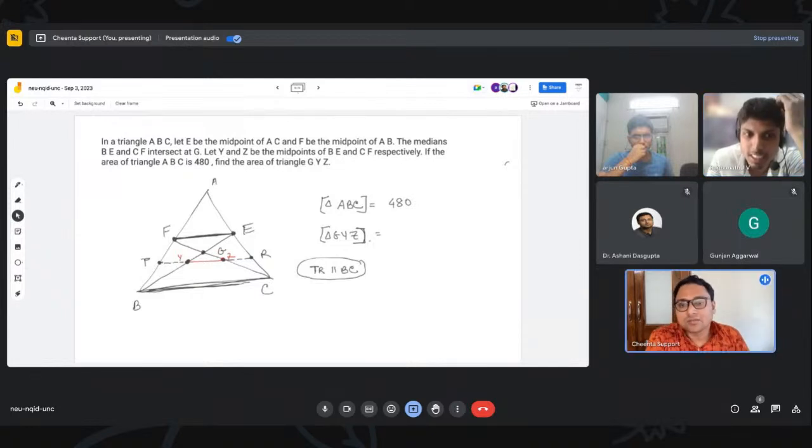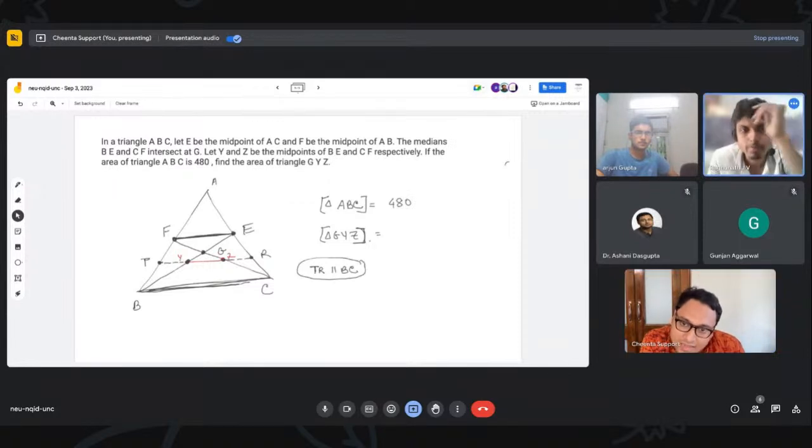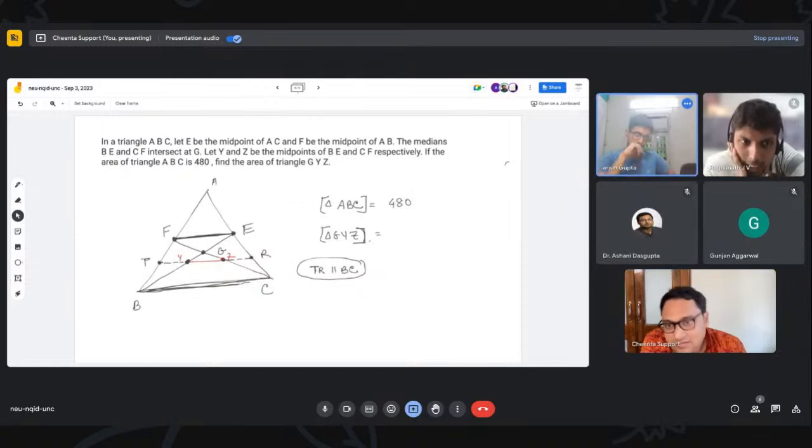Okay, yeah, we can use coordinate geometry here. But I think we can also use Ceva's theorem, because we know that. Okay, so maybe we do something different here.